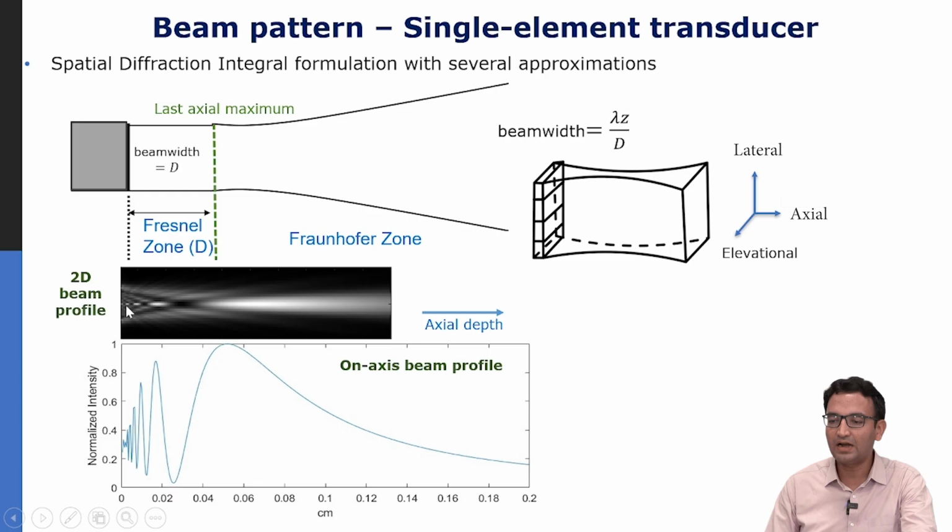Now, if I take an axial cut through this beam profile, what I will see is that there are a large number of maxima and minima in the near field, and then after the last axial maxima, the ultrasound pressure starts dropping, and that is because of beam divergence and diffraction. And this on-axis beam profile tells us that the focal point of this transducer is about 0.05 centimeters.